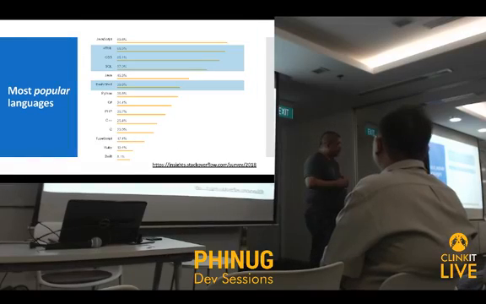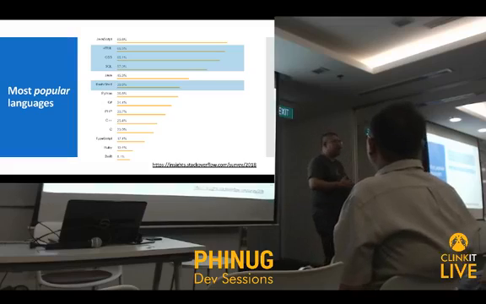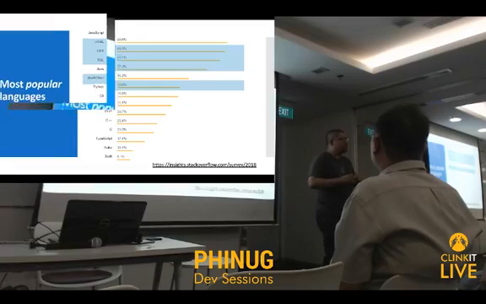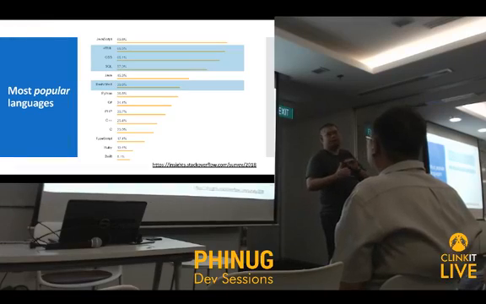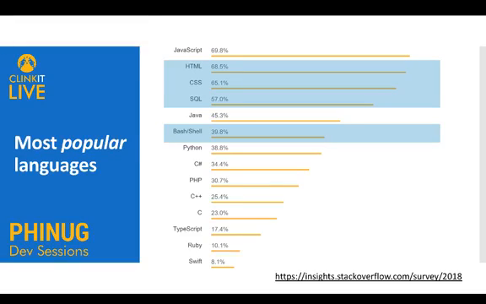Ano nangyari noong 2005? The year before, the Microsoft Research Division made this huge effort to make what we now know as generics. Yung generic types natin, it's a super efficient way to encapsulate an object and to conserve memory at the same time while having an encapsulated object.